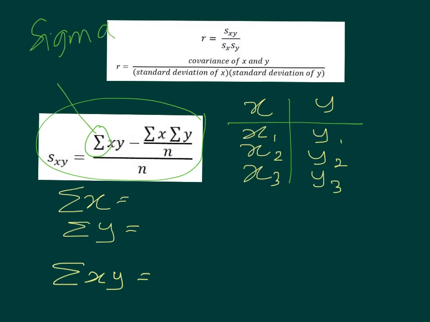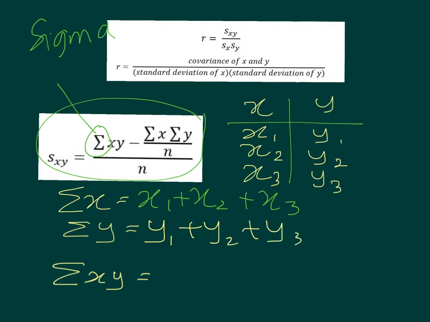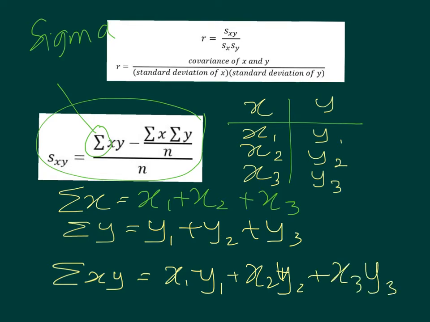So sigma x for this set of data is just basically x1 plus x2 plus x3. Sigma y is y1 plus y2 plus y3. And sigma xy is the product x1 y1 plus x2 y2 plus x3 y3 for this set of data.